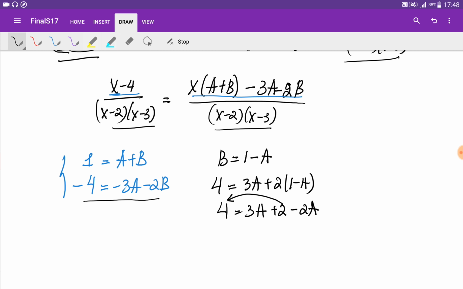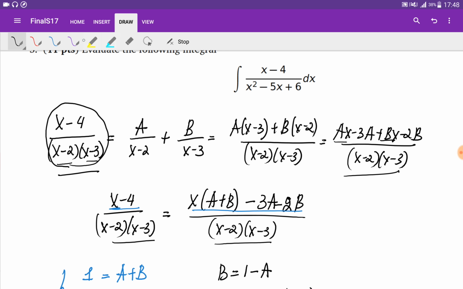If this 2 goes there, so 3a minus 2a, it's simply a. So a becomes equal to 2, and I can find b by subtracting 1 minus a, which is going to be equal to minus 1, right? So the value of b here is going to be equal to minus 1.